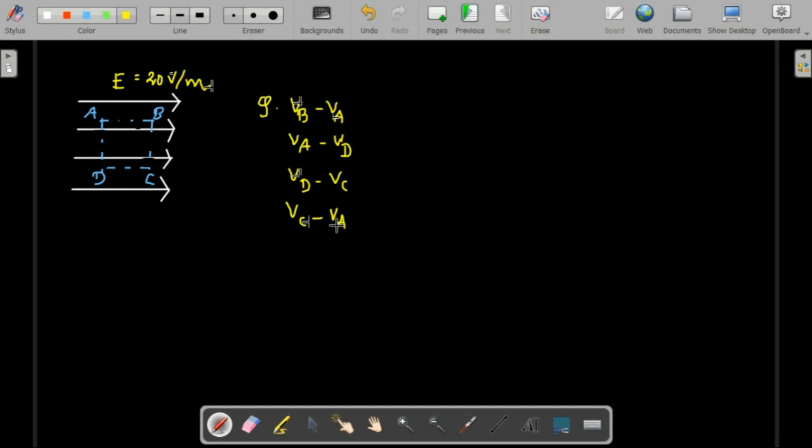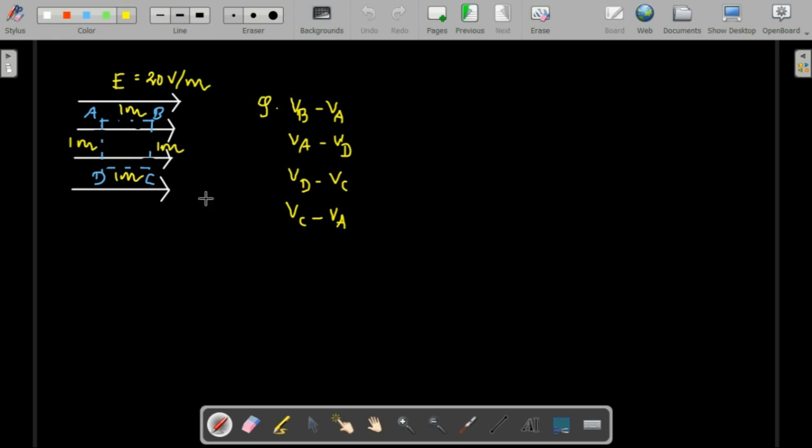You have to remember whether the potential difference is positive or negative. That's very important. And one more parameter I can provide to you: let's say that the distance between them is 1 meter. So this is 1 meter, this is 1 meter, this is 1 meter, this is also 1 meter.